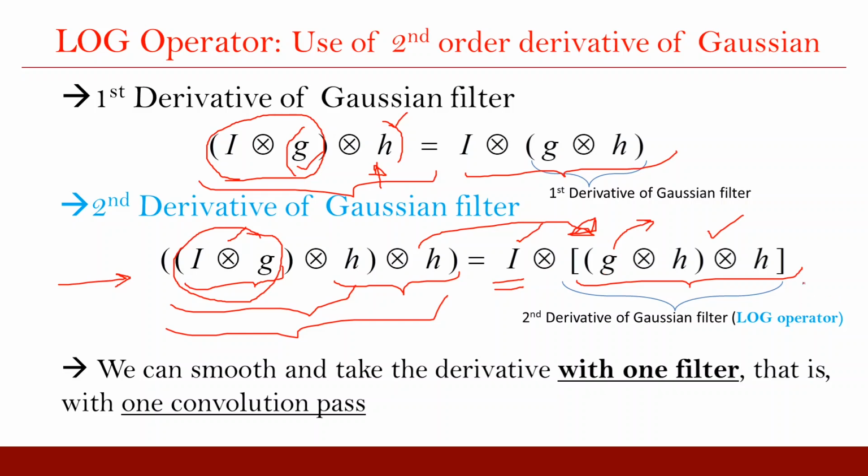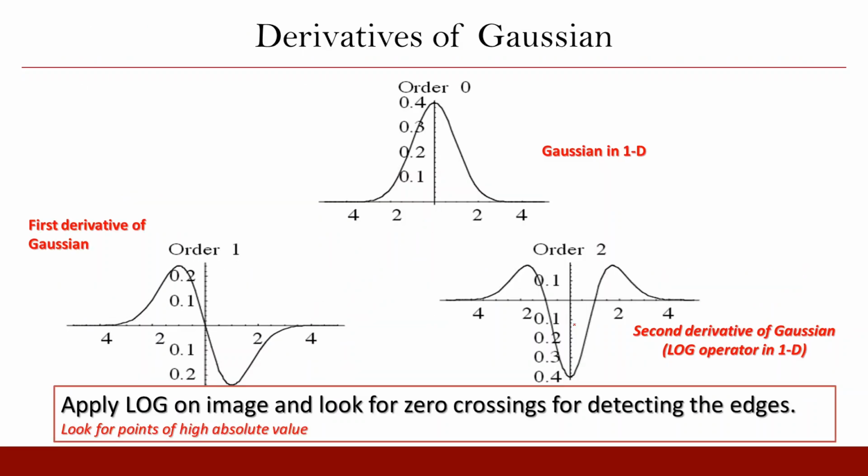That's exactly what Marr and Hildreth suggested: in place of first doing the smoothing, first compute the second derivative of the Gaussian, and the second derivative of the Gaussian is nothing but Laplacian of Gaussian. So this operator becomes the LoG operator, or the Laplacian of Gaussian operator. You first compute this operator and then directly apply that on the image. And since this is again based on the second derivative, we are looking for zero crossings.